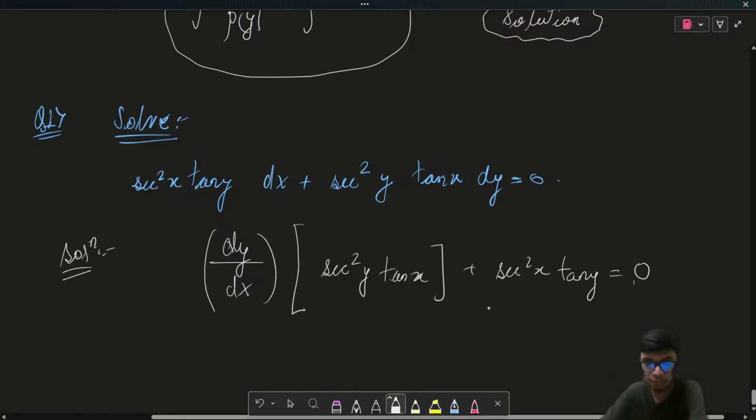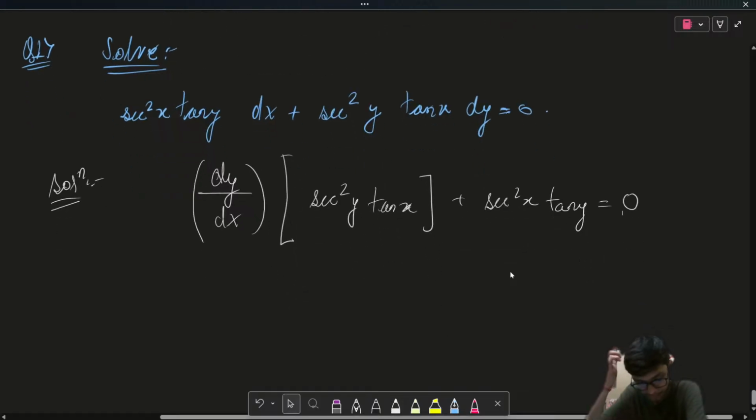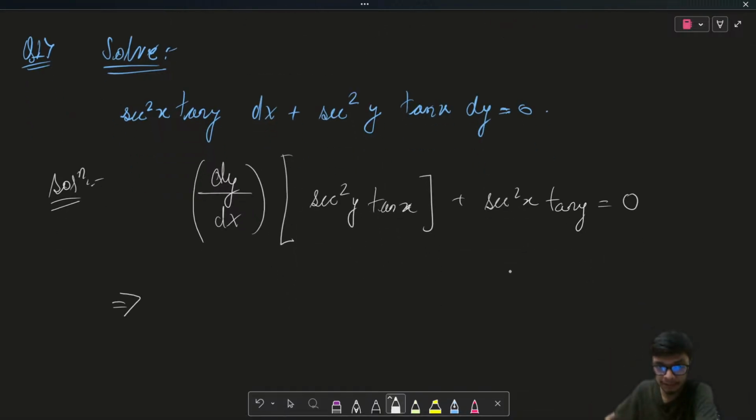So this is our required form of differential equation. Now I already explained what your next step is. Your next step is to separate the y with the dy term and the x with the dx term, right?